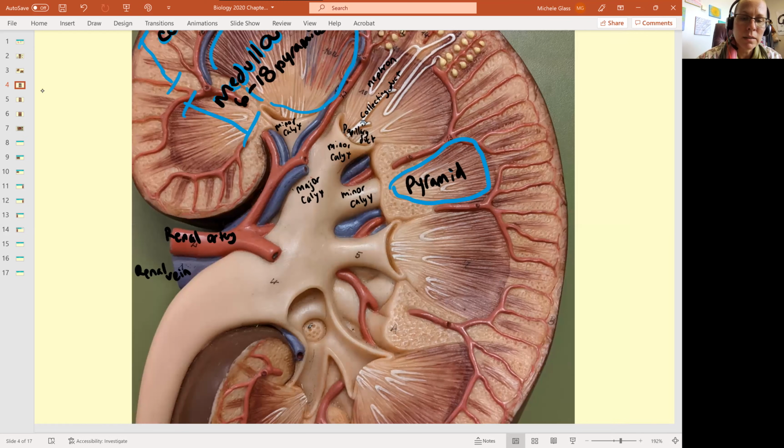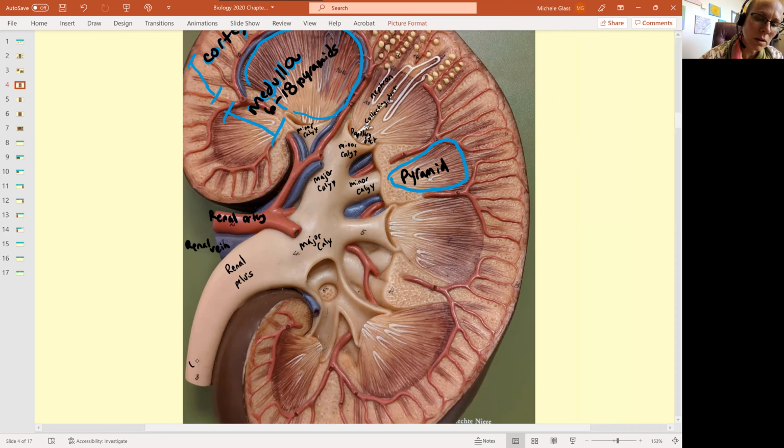And we're seeing several of those major calyxes feed together into what's called the renal pelvis. And the renal pelvis then becomes continuous with the ureter, which we already talked about in our previous video.